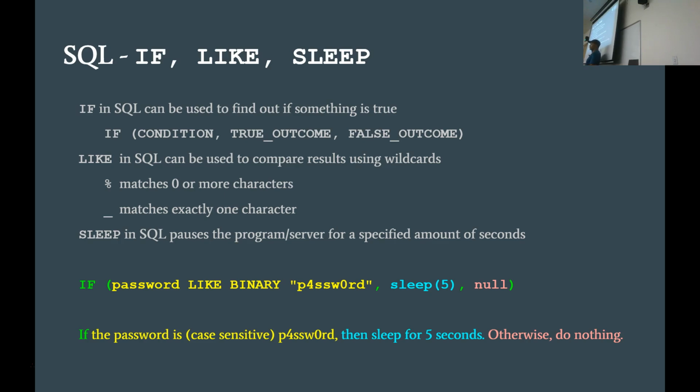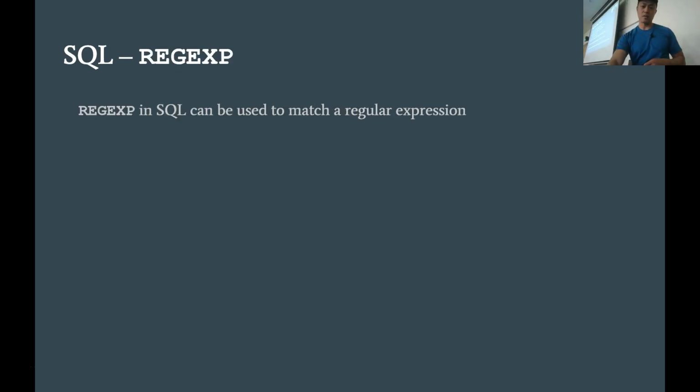So this is testing whether the user you're querying against, say the form takes a user field, has a password that is P4SSW0RD, and then it will sleep for 5 seconds if so. Okay? You can see that that's not something you actually want someone to be able to do, and that's why this is a pretty substantial vulnerability.